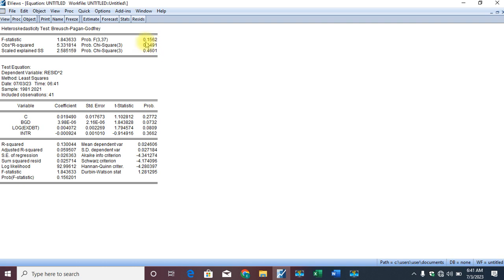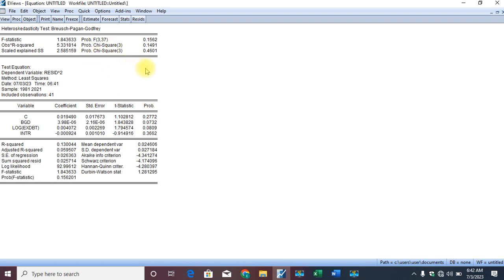And given the fact that these p-values are greater than 0.05, we conclude that there is no evidence of heteroscedasticity in the estimated results, which implies that the assumption of homoscedasticity of the error term is upheld in this particular estimation. I'm happy with this, and this result is desirable.